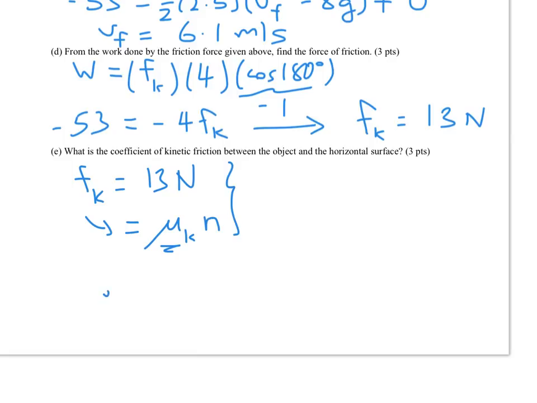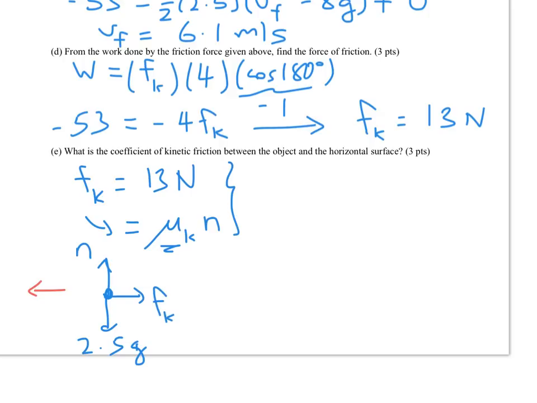And if you draw the free body diagram, as it is moving, you have the weight, 2.5 g, you have the normal force, and it is moving to the left. The friction force is to the right.